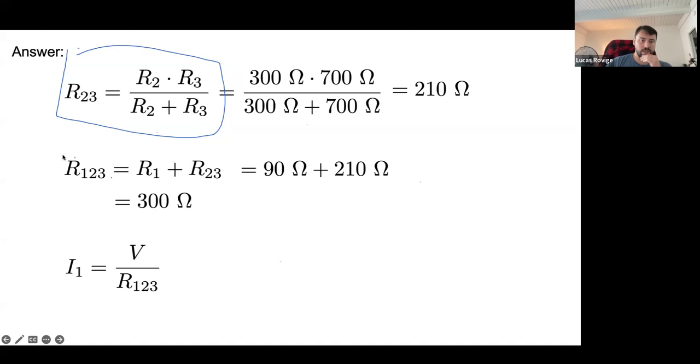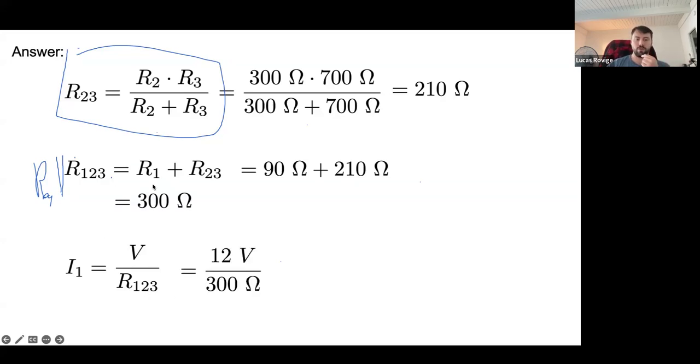So this is the R total. And so then we can get the total current going through the circuit just using Ohm's law through these equivalent resistors. So we have the potential given by the battery, and we have the equivalent resistor.